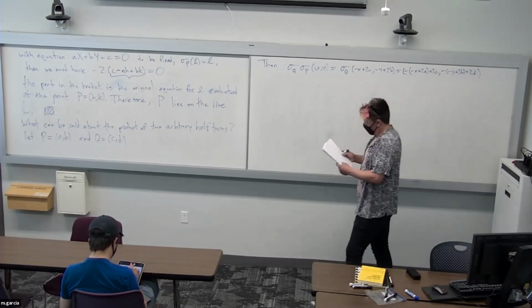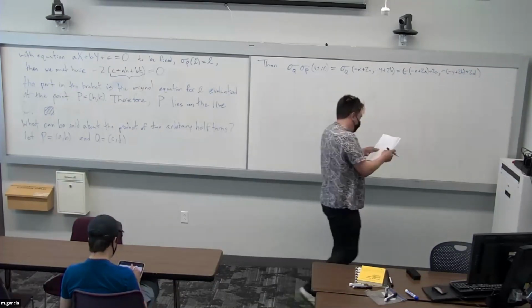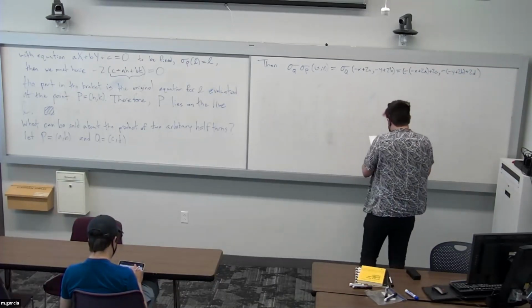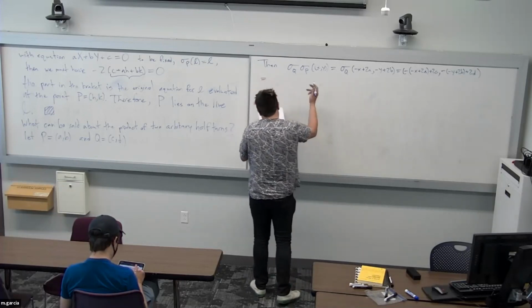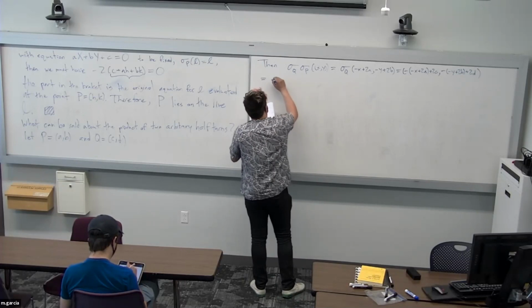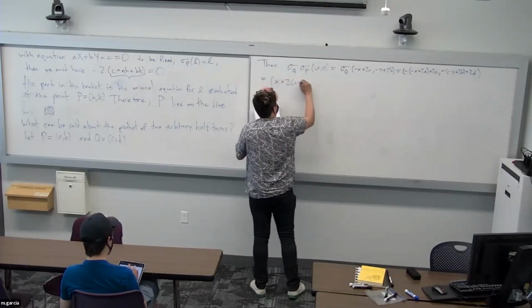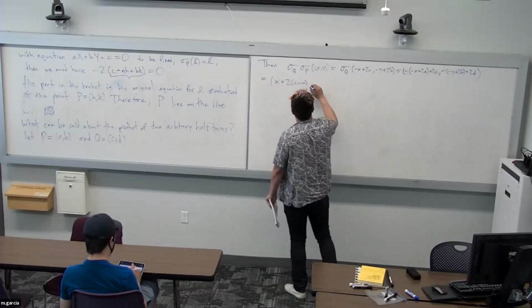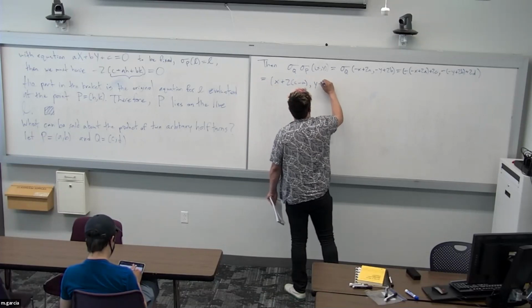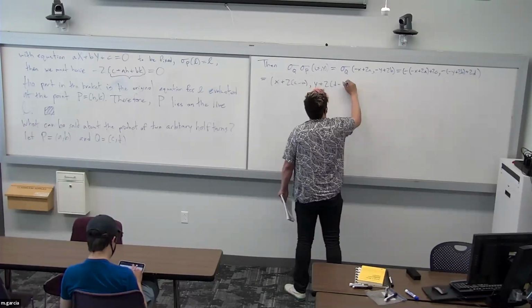Okay? Which, of course, what does this give us? I'll just clean it up a little bit. That's essentially the heart of it. We got (x plus 2 times (c minus a), and y plus 2 times (d minus b)).